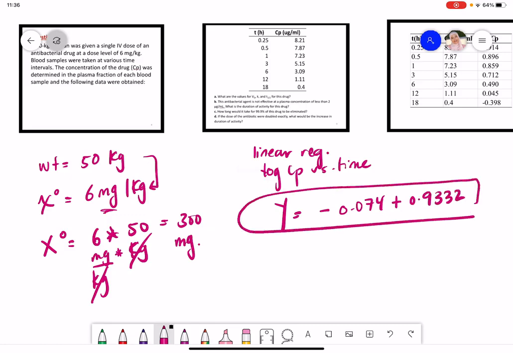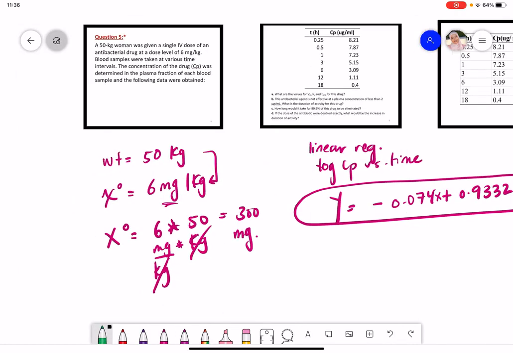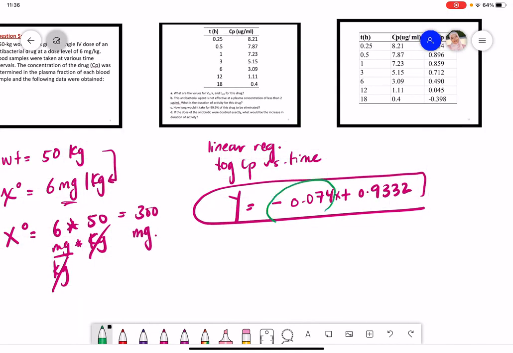Again, this is the linear equation. From that, you know that this is our slope, and this is our y-intercept.